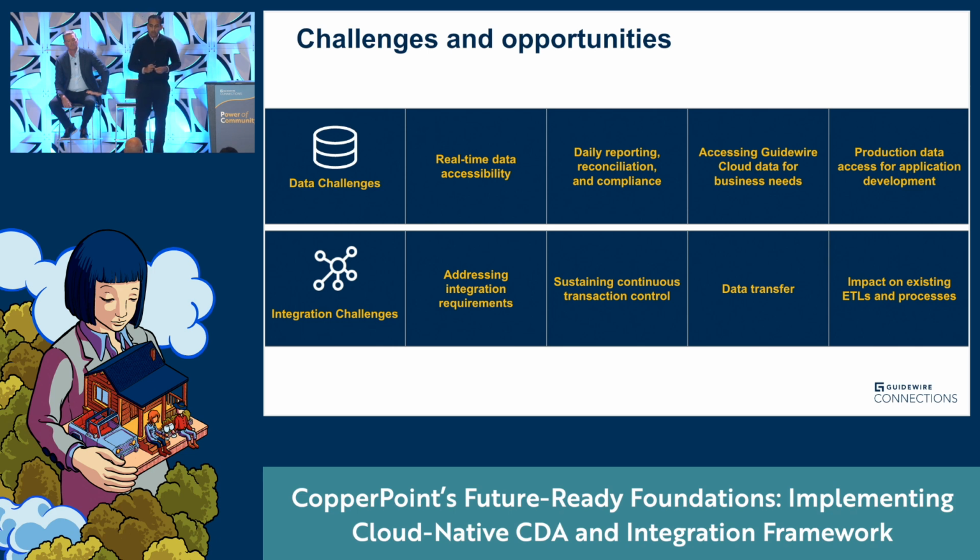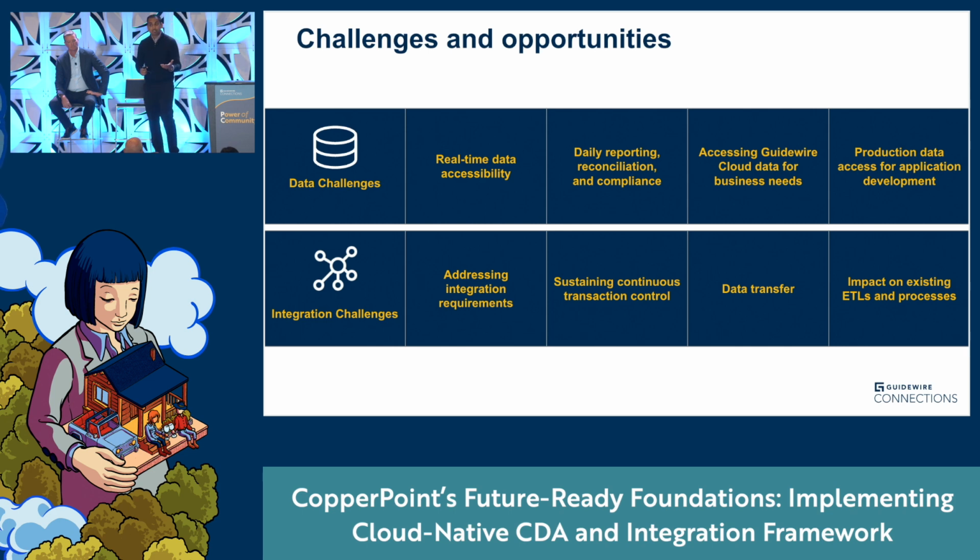With Guidewire Cloud, we came to know that, of course, we will not have access to Guidewire databases directly. And that had a cascading effect on our well-established enterprise warehouse, which is on-prem and relies on Guidewire's transactional data for daily reporting and compliance.